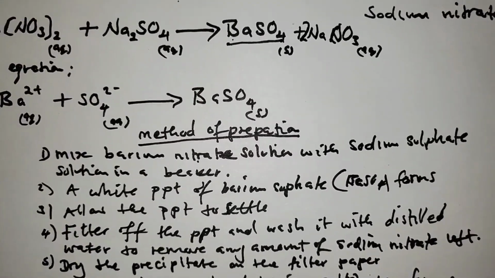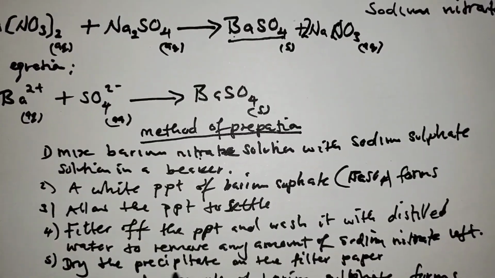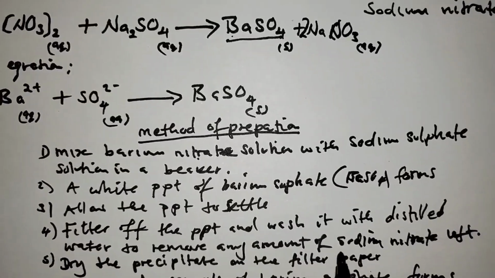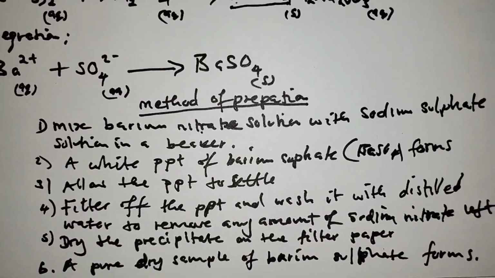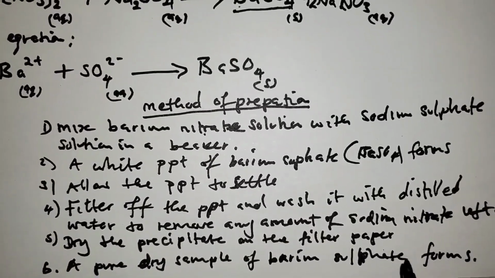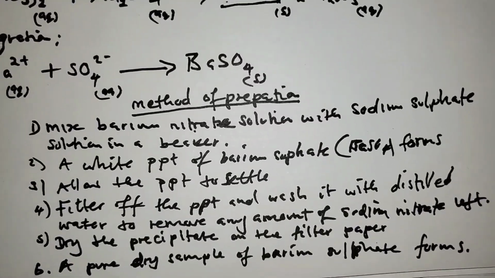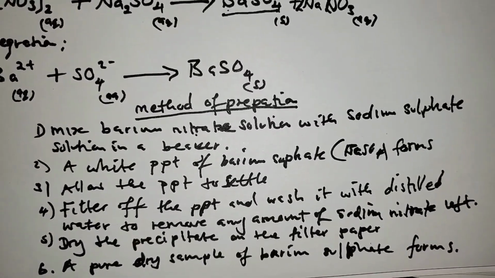Then you dry the precipitate on the filter paper. After this, the final step is that a pure dry sample of barium sulfate will form. That's the answer to this question. Let's look at another similar question from a different paper.